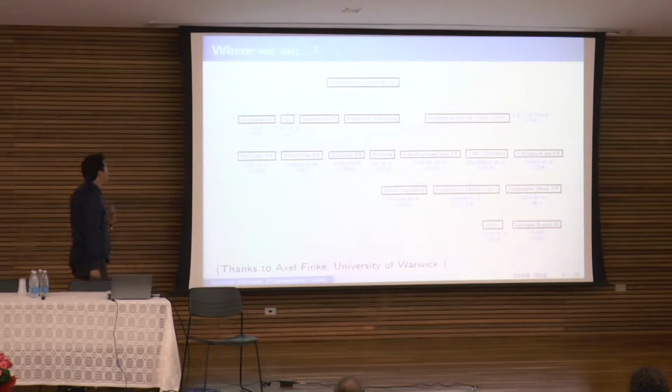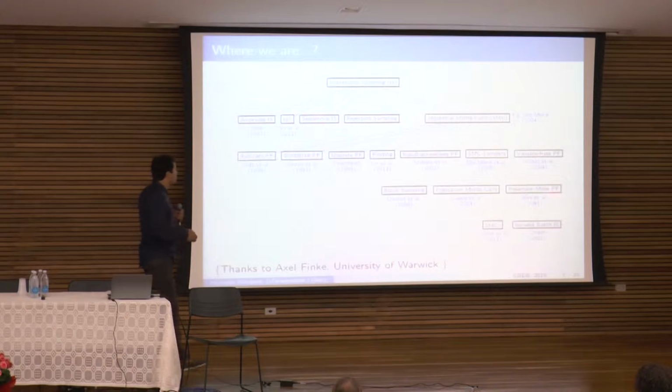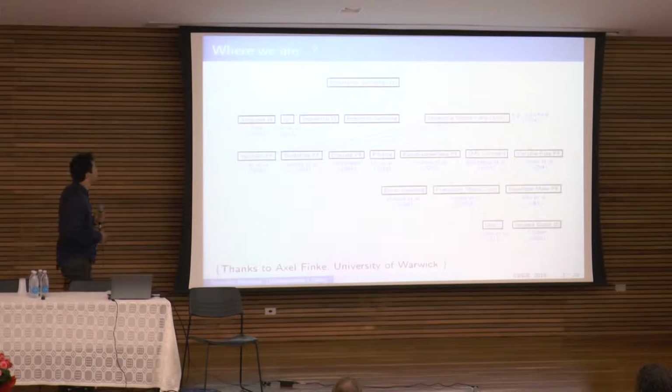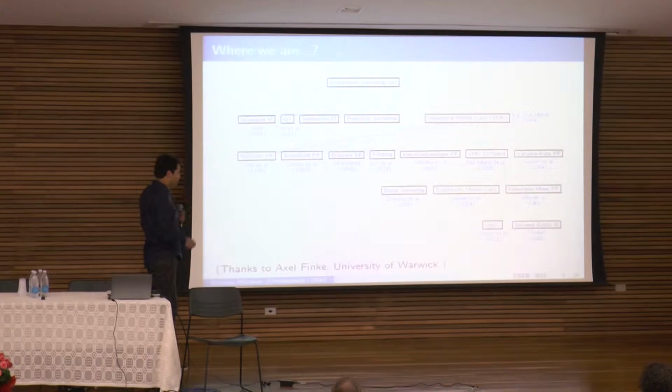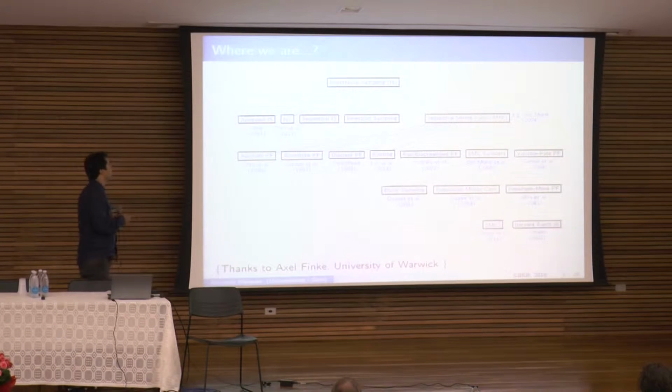Just for review, where you are. If you remember, importance sampling, then one derivation of importance sampling is sequential Monte Carlo. It started here in 93, and then you have a lot of methods. Here are most of the main papers around sequential Monte Carlo.